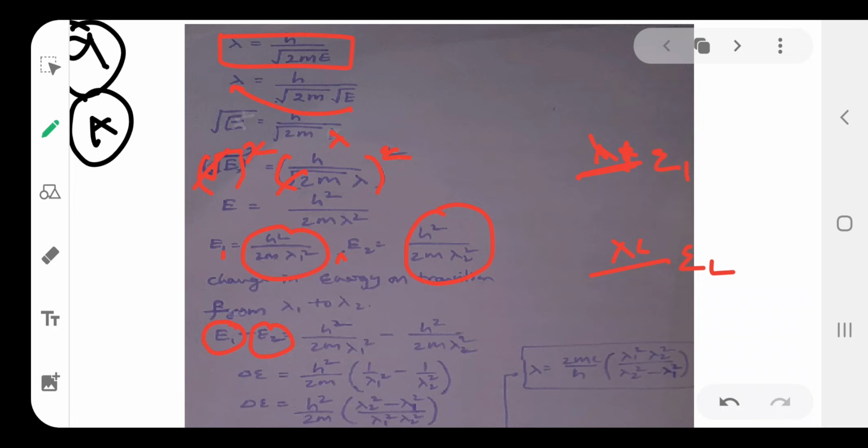Here h square by 2m is the common value, so we take it out: 1 by lambda 1 square minus 1 by lambda 2 square.